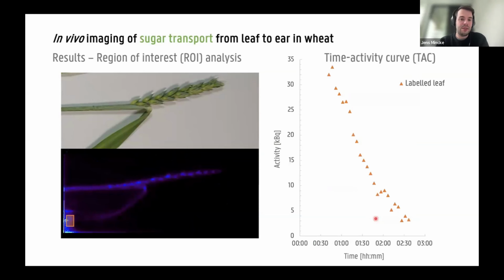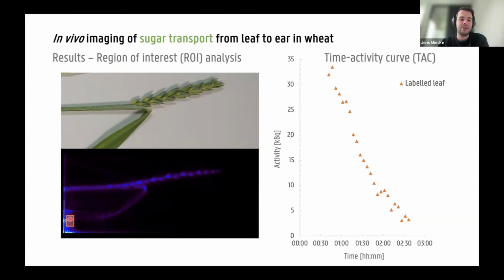What can be done in image analysis is that we draw certain confined boxes that we call a region of interest, or an ROI, around the places that we're interested in. In this case, this was an ROI drawn onto the labeling site. And we can see as a function of time that the activity decays on this spot.